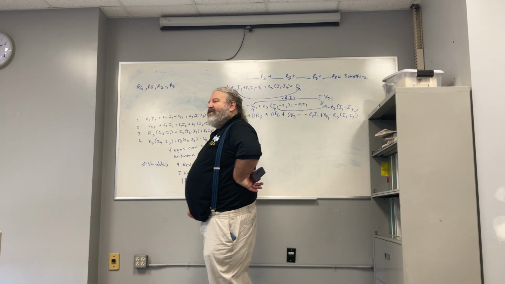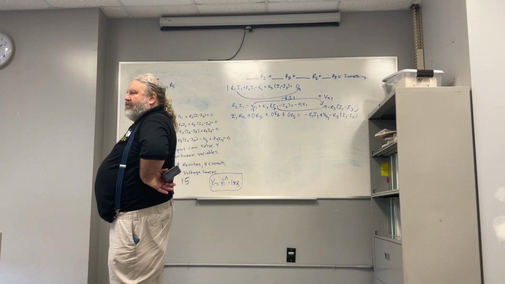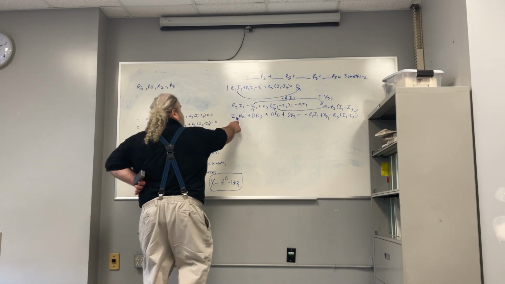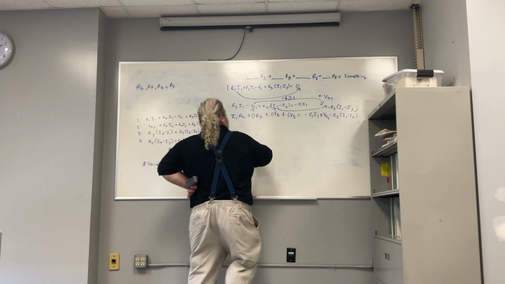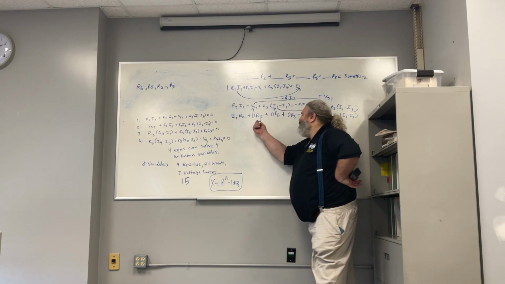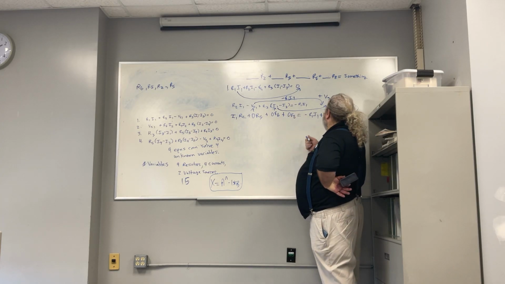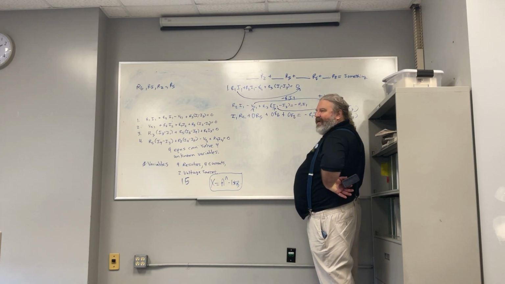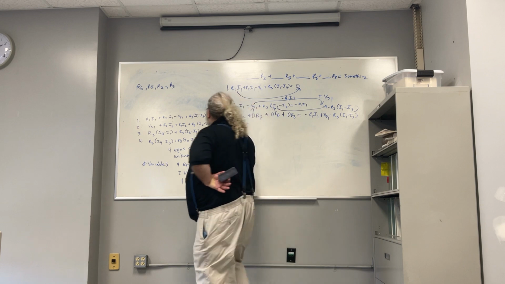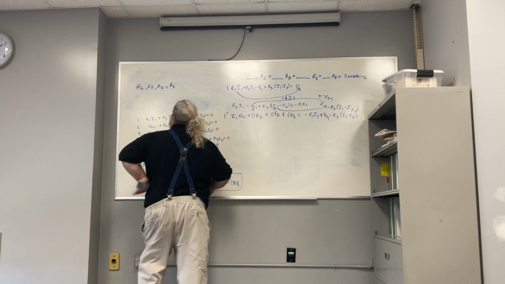Are we finished with this one, Rico? Do you have something times R2? Yes. Plus something times R5? Yeah. Plus something times R6? Yeah. Something times R8? Yeah. Equals something? Are we done? Yes. So this becomes equation 1 prime.